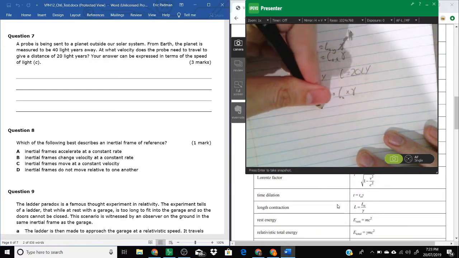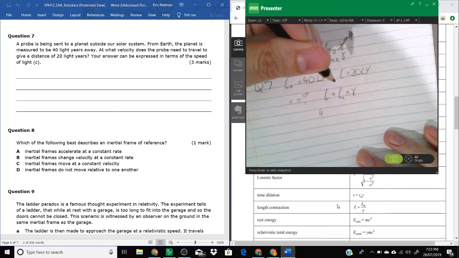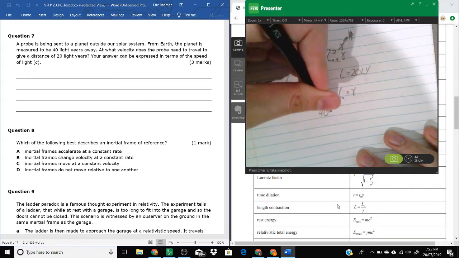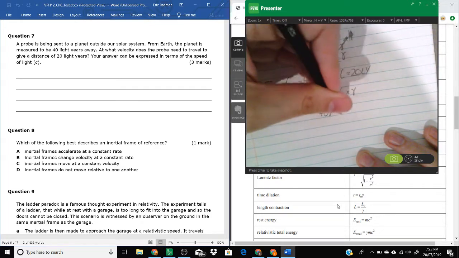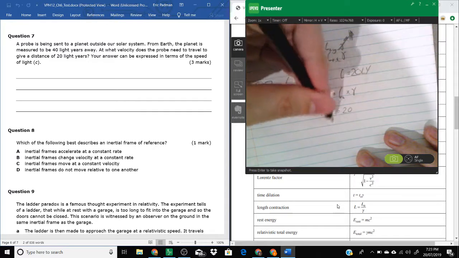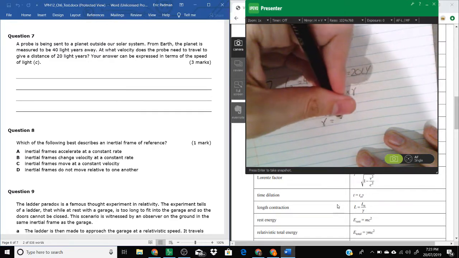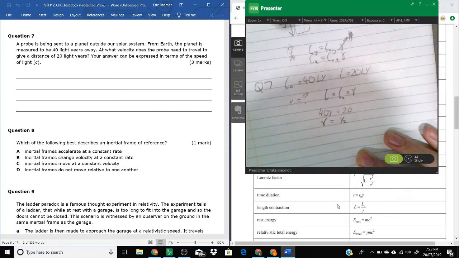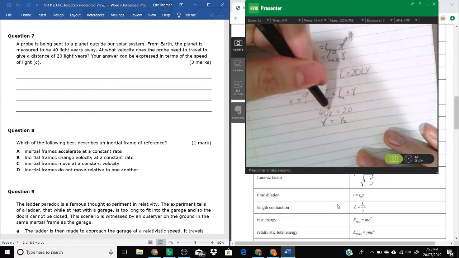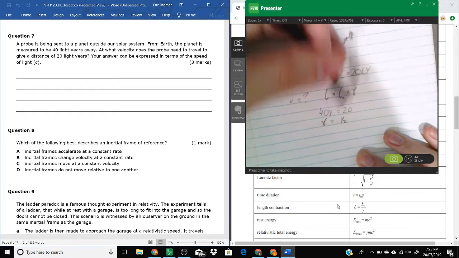So initially, we're solving for the Lorentz factor, which is equal to 1/2, because if you wrote the light years in the algebra, they would cancel out.